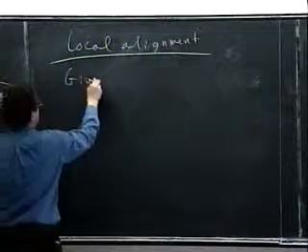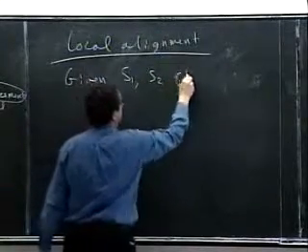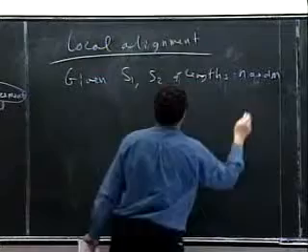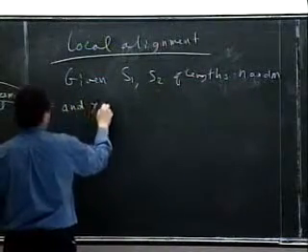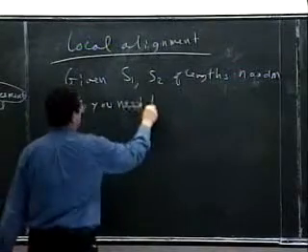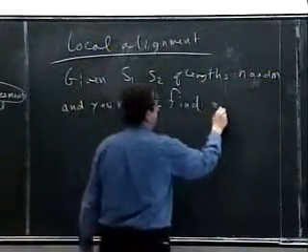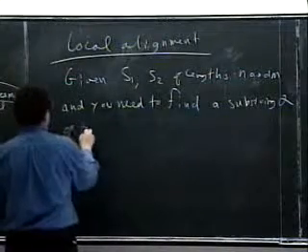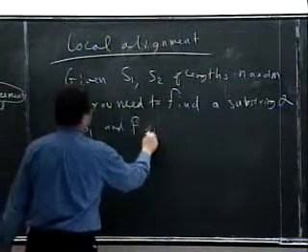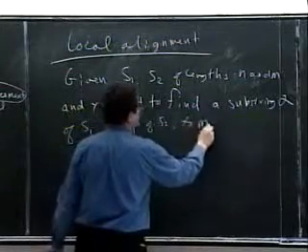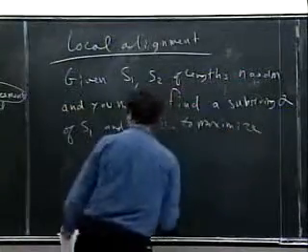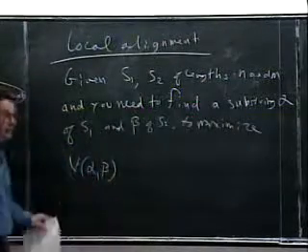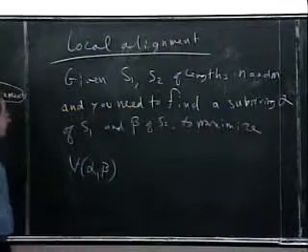Local alignment: you're given S1 and S2 of lengths n and m, and you need to find a substring alpha of S1 and a substring beta of S2 to maximize the global alignment value, V of alpha, beta, the global alignment value you get from aligning those two strings.